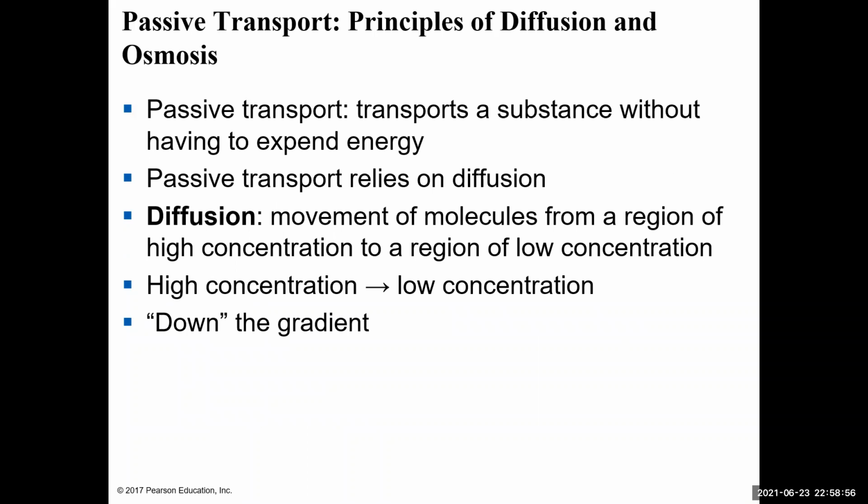So first, we're going to talk about passive transport. Passive transport, like I mentioned, uses no energy to move a substance, and it does so based off of diffusion and osmosis. So basically, diffusion is when molecules will move from an area of high concentration to low concentration.